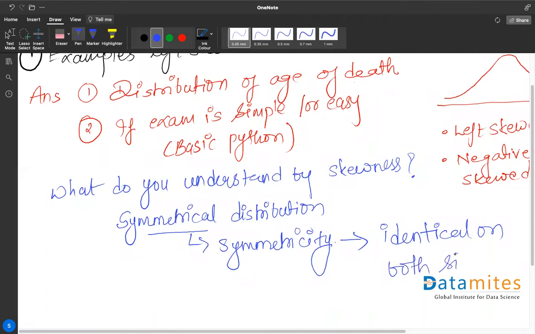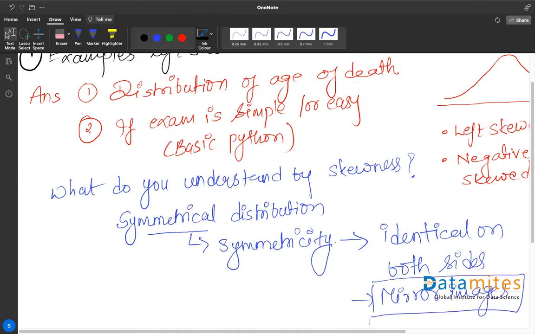Or there is another word called mirror images. If your distribution is not following mirror images, so the layman term should be mirror images, then it is called skewed data. Okay, clear? Skewness.